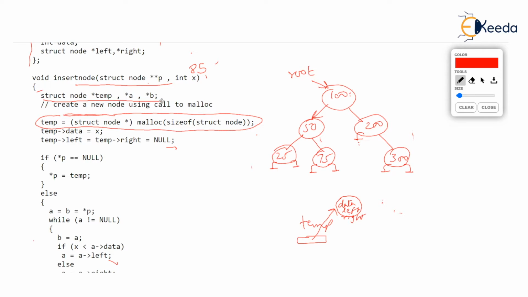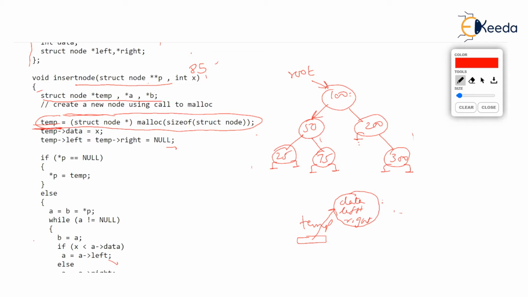The new node that we have created has three members, data, left and right. And temp, listen, temp is pointing to the new node.